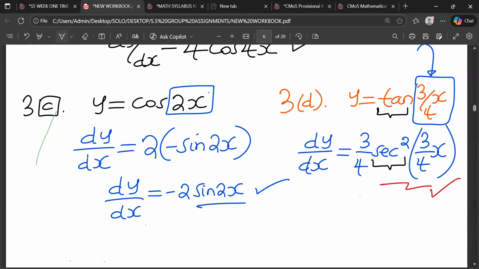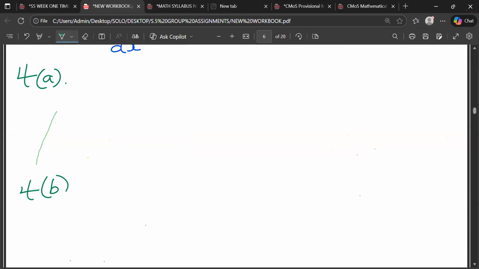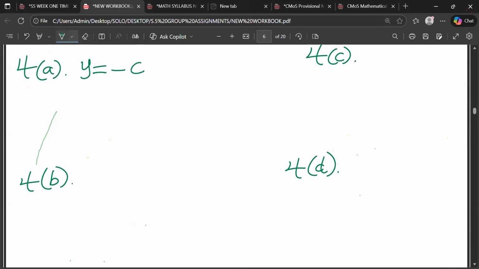Now, number 4 is yours, and I want 4 people. Raise up your hands before I even put the numbers. So I'm going to put 4A, 4B, 4C and 4D. The first person, y is equal to negative cos 7x.